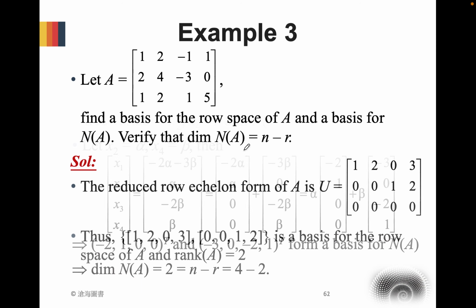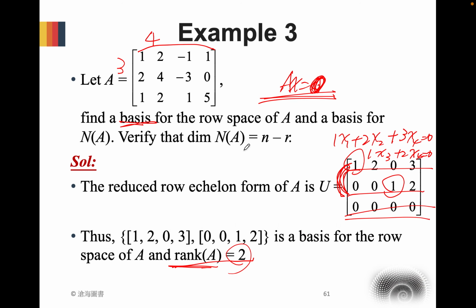Example 3, when we mention the column space of A and the column space of U. For the column space of U, we have the basis (1, 0, 0) and (0, 1, 0). Why? Because these are the leading variables.